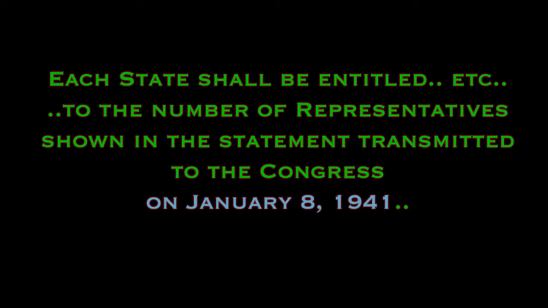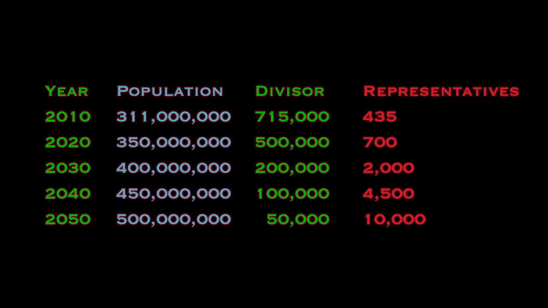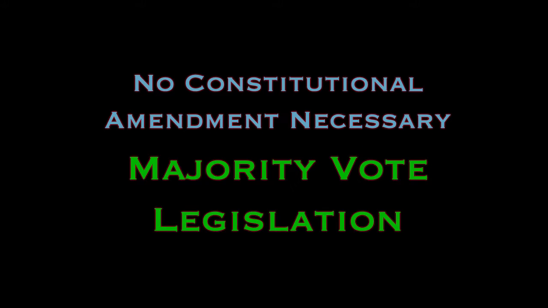So what we would need to do is replace "on January 8, 1941" with "after each decennial census as determined by statute." This will allow for adjustments to the number of representatives as determined by statute after each decennial census, if required. A constitutional amendment is not needed, requiring only majority vote legislation to pass reapportionment.